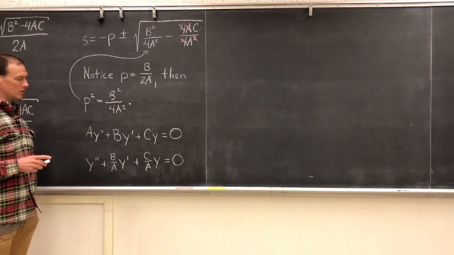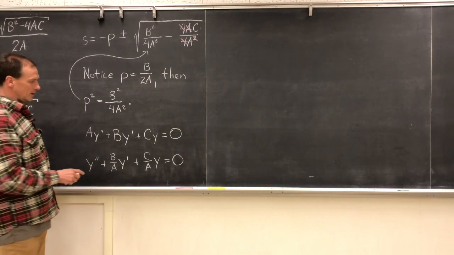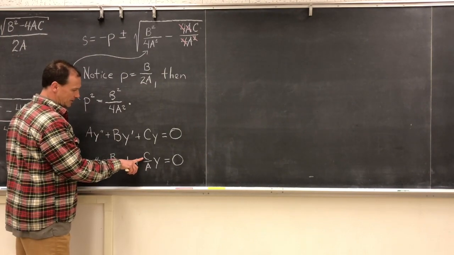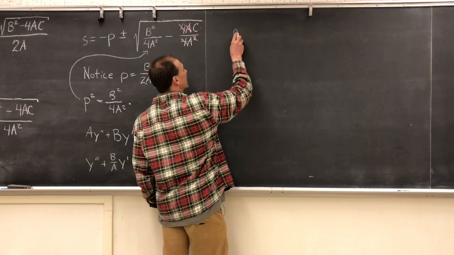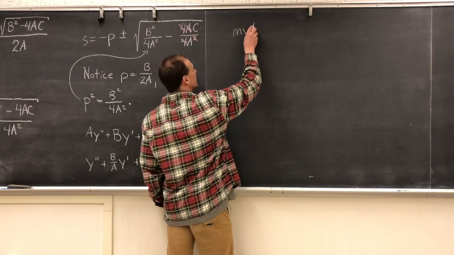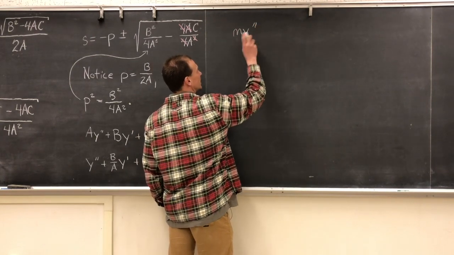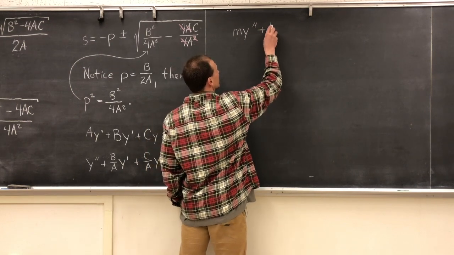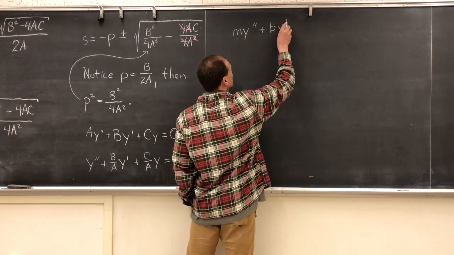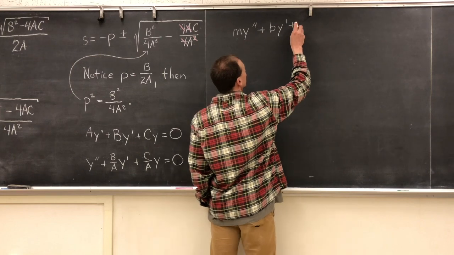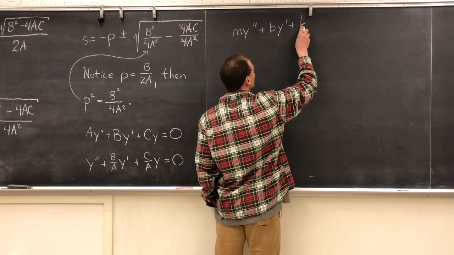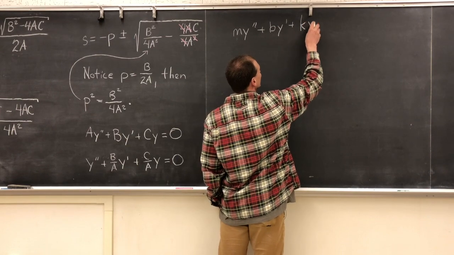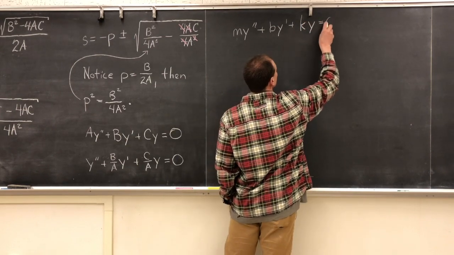But we saw earlier that this coefficient of c over a was the same one as when we had my double prime, the mass attached to the spring, plus by prime, plus the damping coefficient, plus the spring constant ky equals 0.